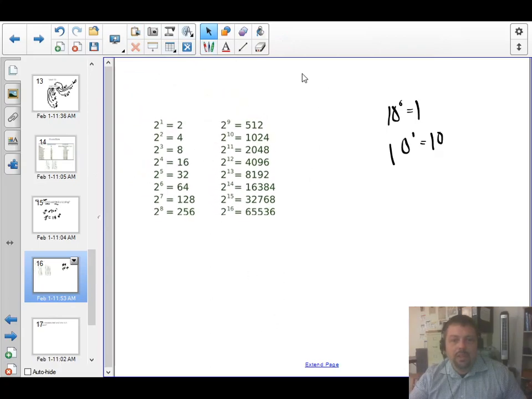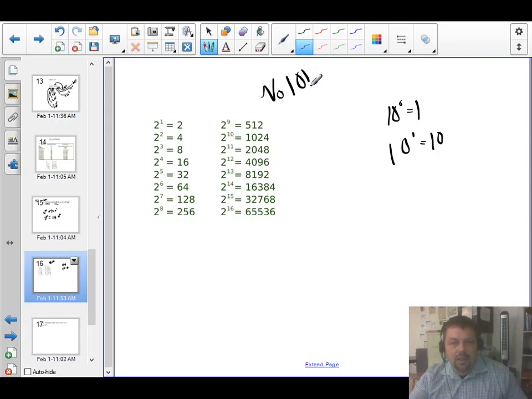Well, the problem is with the powers of 2, 10 is not a power of 2, and any multiple of 10 is not in this shortened list. So there's no easy way to get 2 times itself a certain number of times to relate to 10 because 10 is not on this list. So that's a big problem in converting this data.